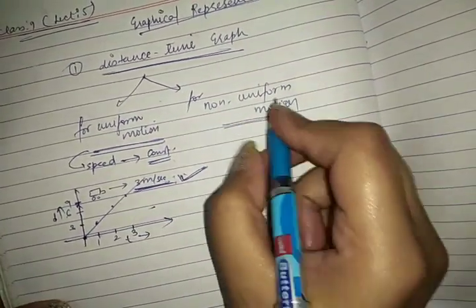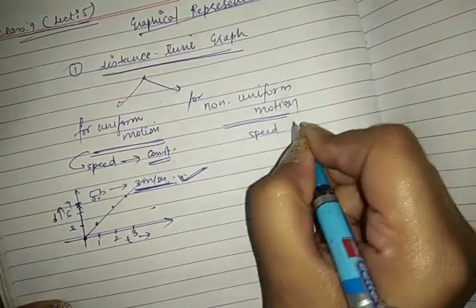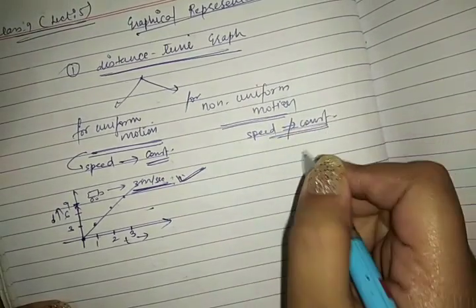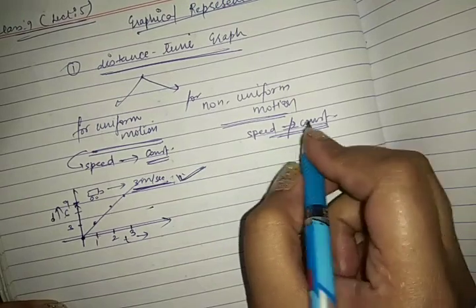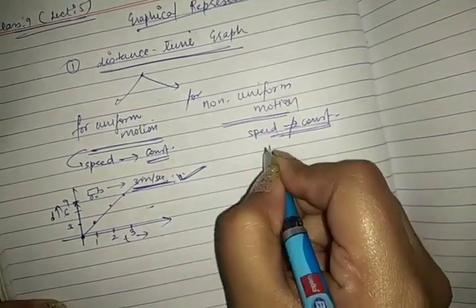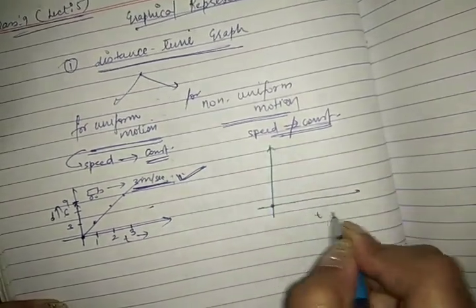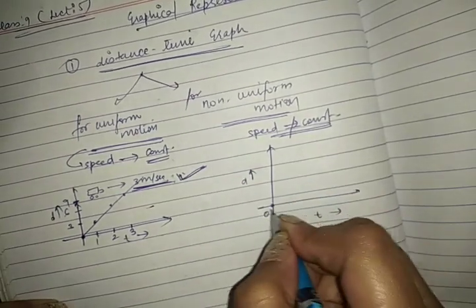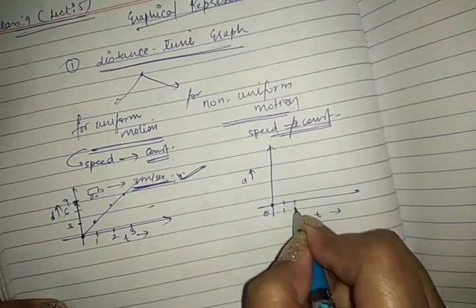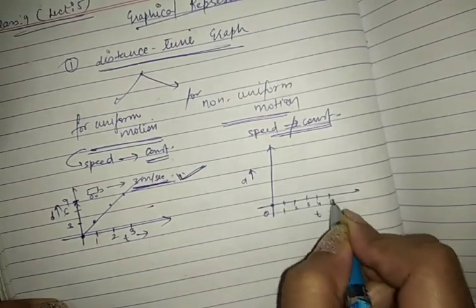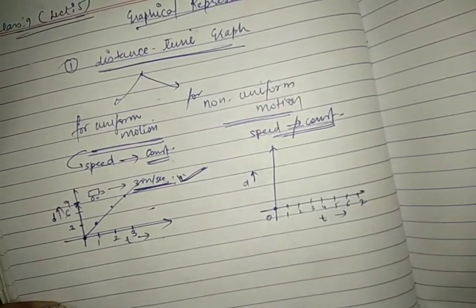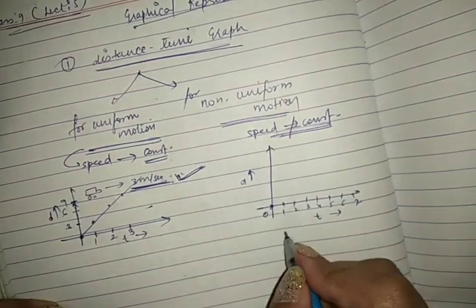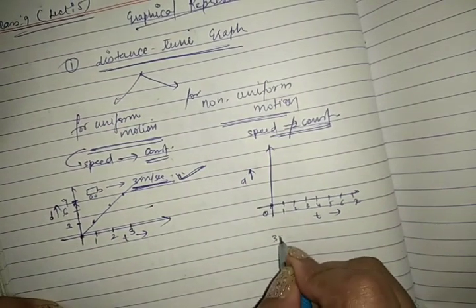For non-uniform motion, speed does not remain constant. What does that mean? That speed keeps changing. Let's suppose this is your time axis, this is your distance axis, and initially you started your journey from here. This is time equals 1 second, 2 second, 3 second, 4 second, 5 second, 6 second, 7 second. Let's suppose initially when you start your journey, your speed is 3 meter per second.